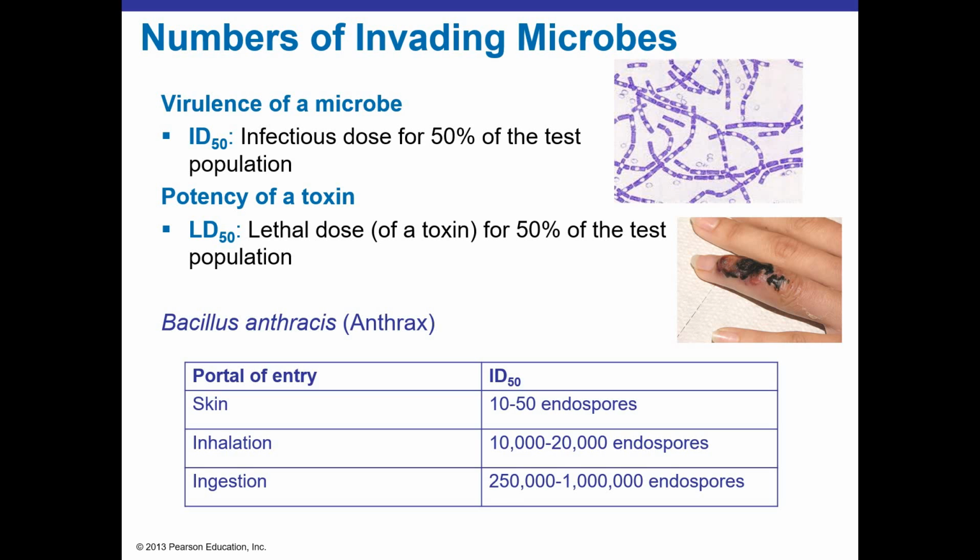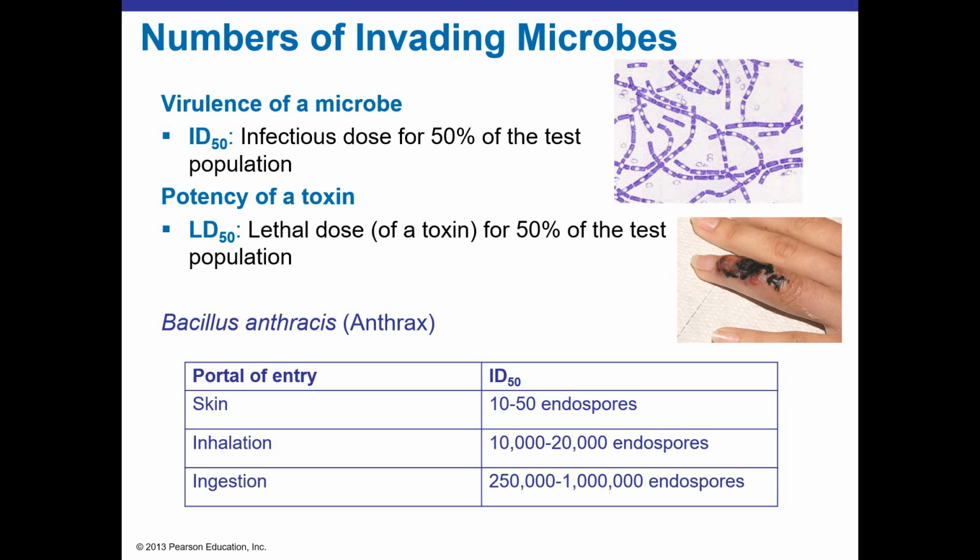Looking at Bacillus anthracis, which is the causative agent of anthrax, provides an interesting comparison in looking at the different types of the disease based on their portal of entry. So when you look to the right, you see a skin lesion from what is referred to as cutaneous anthrax. The ID50 to get the cutaneous form is only about 10 to 50 endospores.